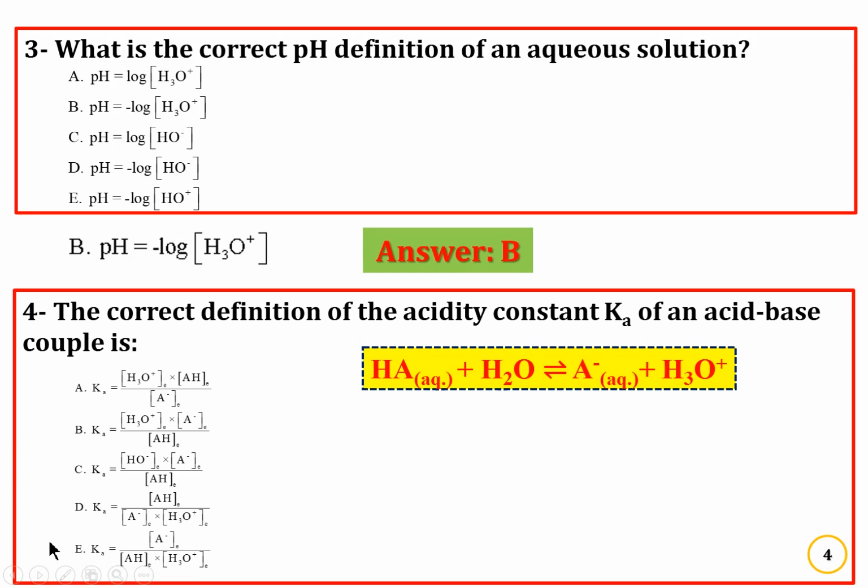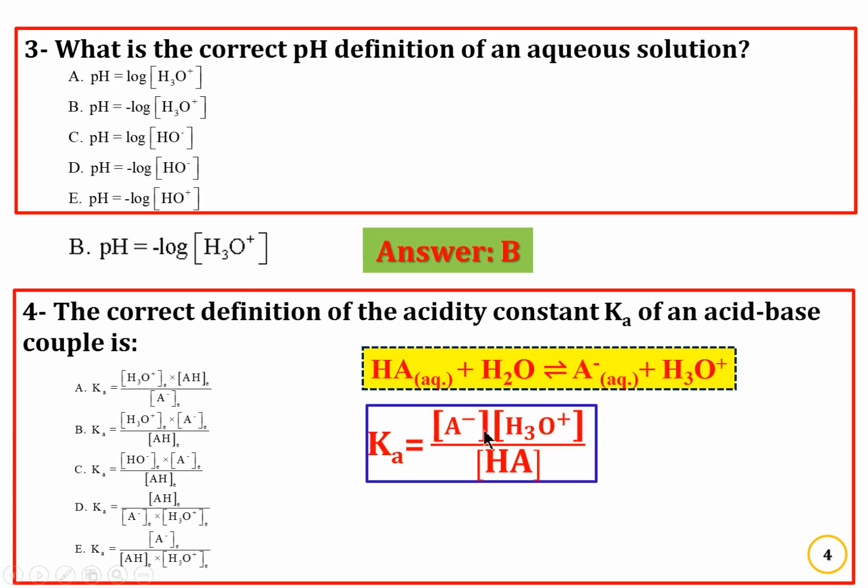So at equilibrium, Ka equals the concentration of A- at equilibrium times H3O+ at equilibrium divided by HA. To note that Ka is an identity of the couple HA/A-. So the correct answer is B.